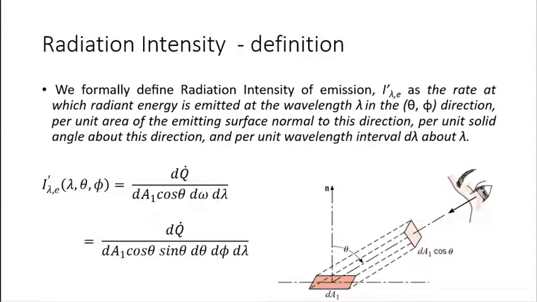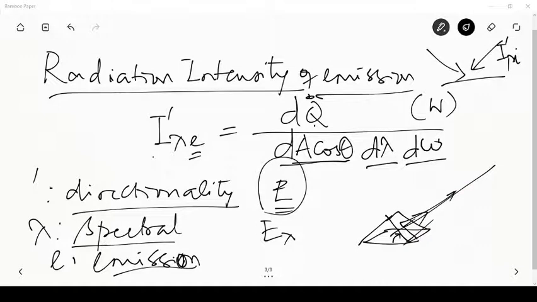Now coming back to the board work. Okay, so how do we relate this to the other quantities? Yesterday we looked at a quantity called E lambda, which is nothing but the energy emitted per unit area in a particular wavelength lambda.